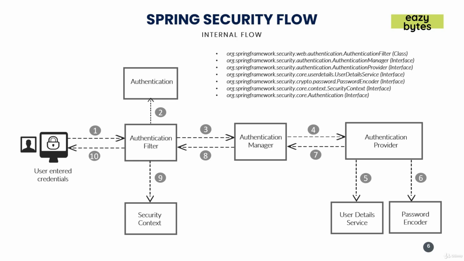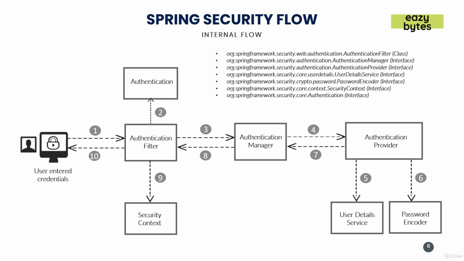As you can see, there is a sequence of steps noted from 1 to 10. The very first step that will happen is, as soon as someone calls our API through a browser or any API consumer with their credentials, an authentication filter, which is present in the Spring Security Framework, will intercept the request.